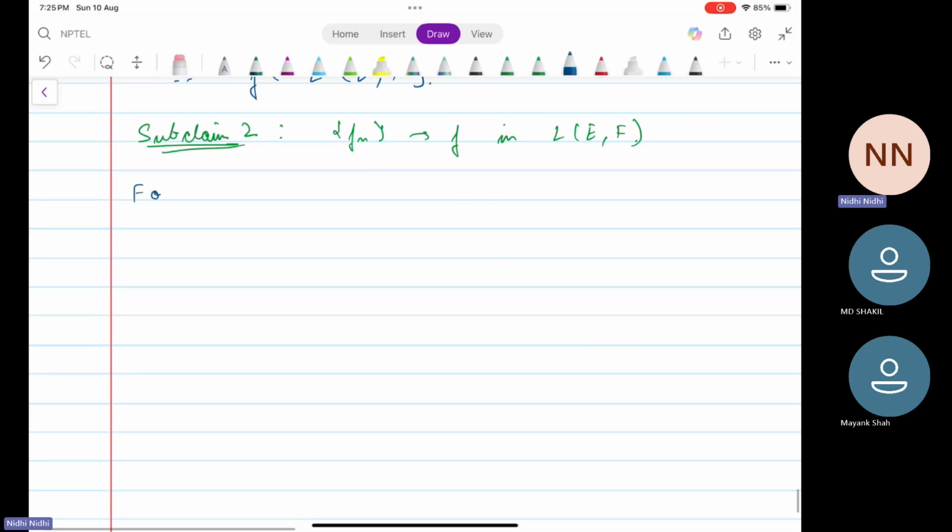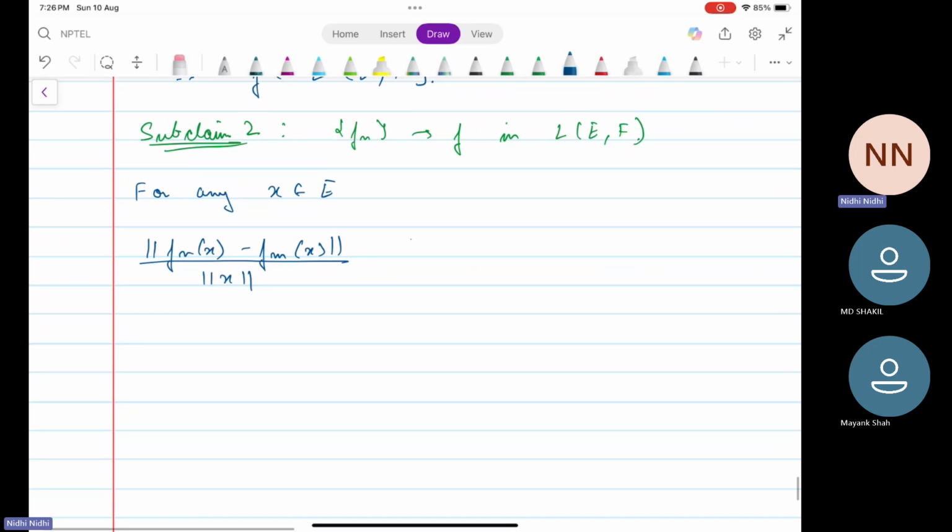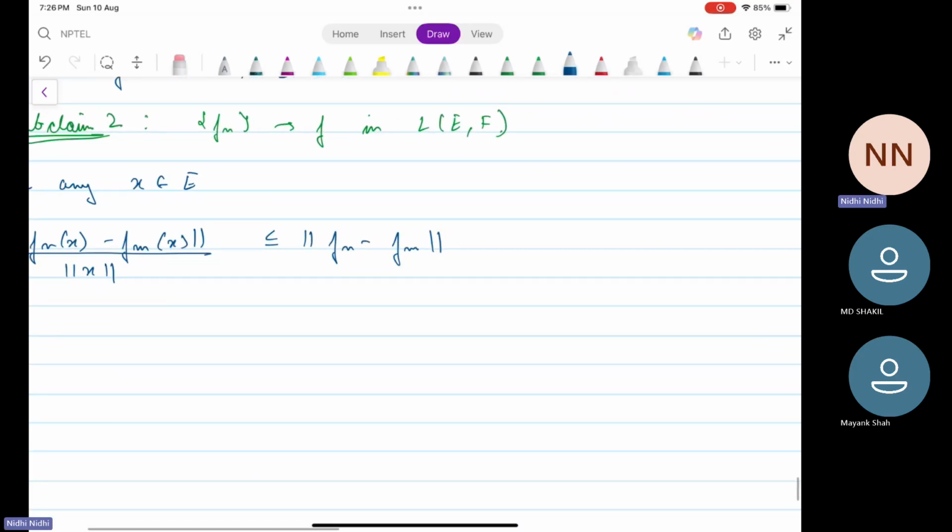And for any x in E, we have norm of (Fn x minus F x) divided by norm x is less than or equal to norm Fn minus F. And this is coming from the fact that Fn minus F is a bounded linear function.